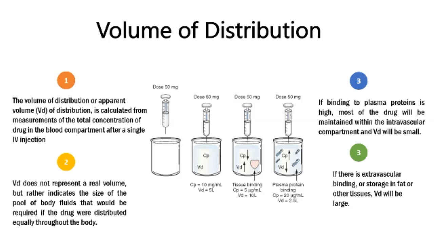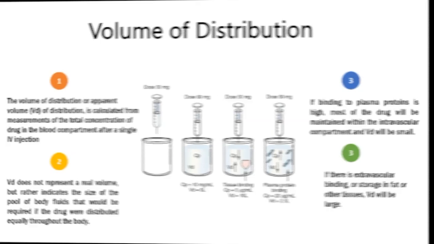The usefulness of volume of distribution will become more apparent when we discuss pharmacokinetics and perform calculations of blood levels of drugs, which we won't do here, but you'll do in your next semester, in semester 2 with Dr. Williams, when you will be looking at pharmacokinetics.